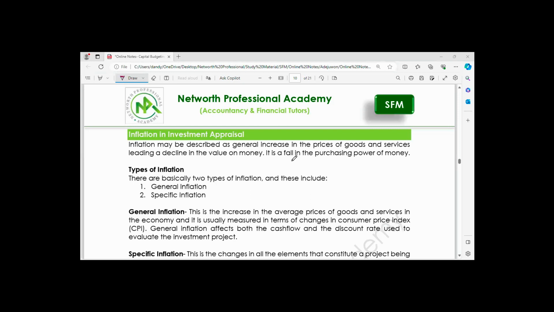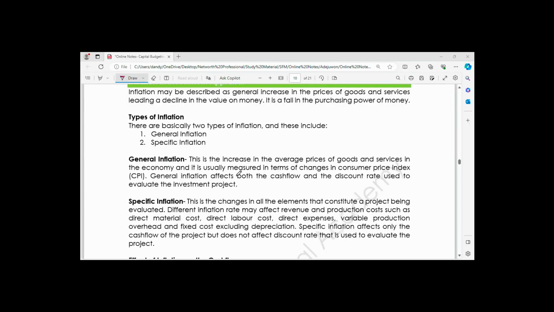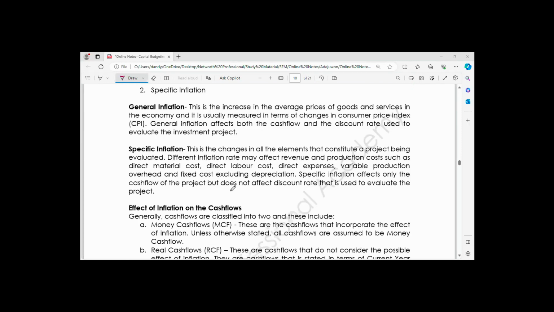For example, the inflation rate for sales value may be different from the inflation rate for variable costs or the inflation rate for working capital. When you have such a situation, it is called specific inflation. But again, I don't want us to go into discussing what is general inflation and what is specific inflation. The focus of today is to discuss the impact of inflation on cash flow.